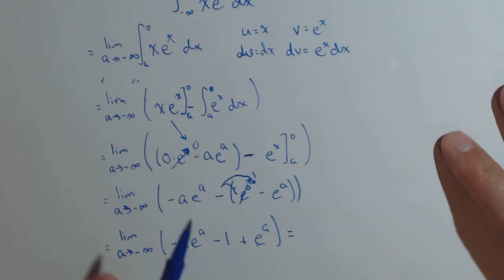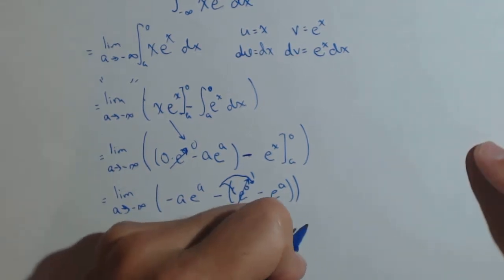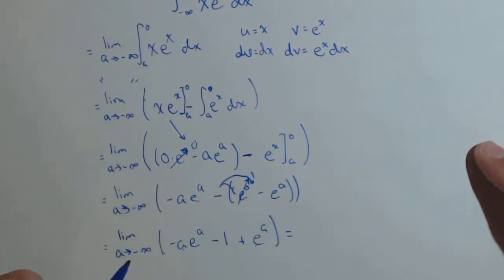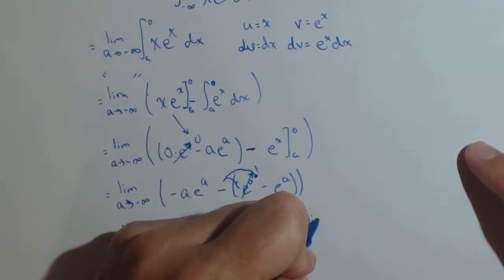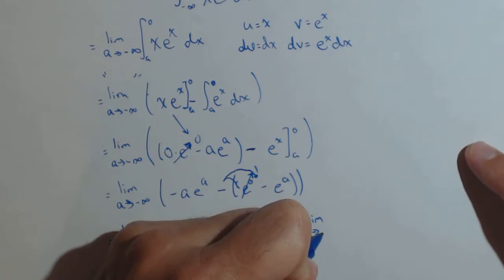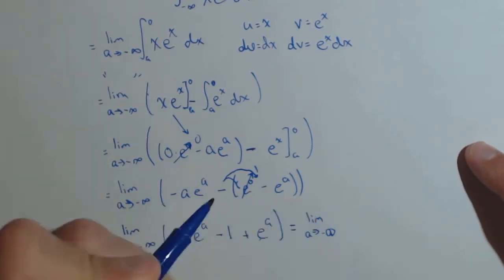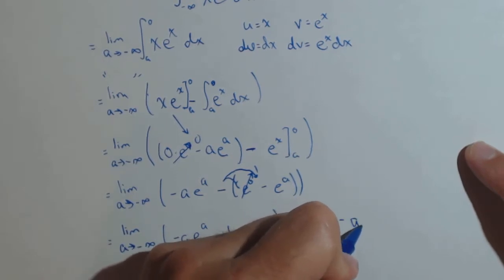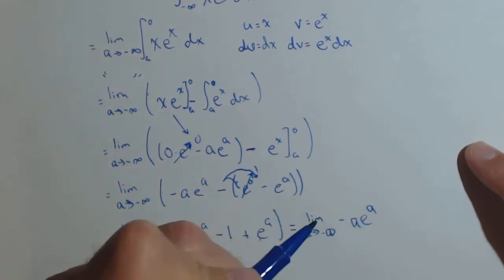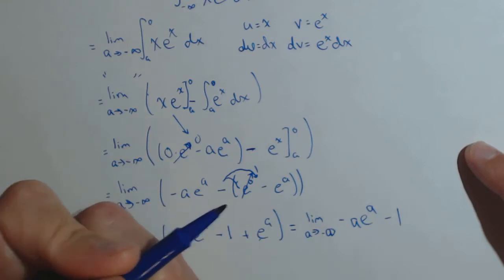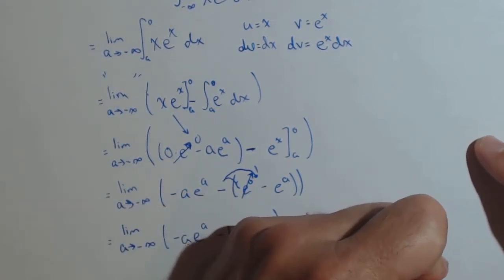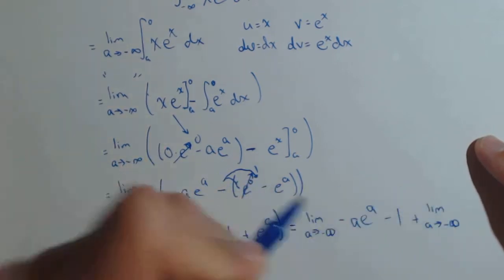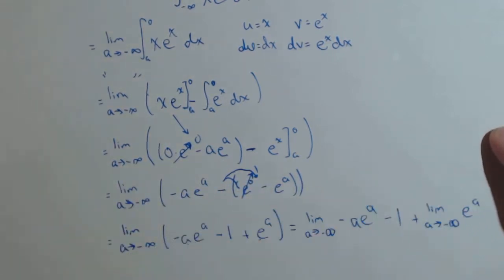So those are going to be limits that we need to look at. So I'm going to write this out separately, and then we'll see how we can calculate each of those. Limit as a goes to negative infinity of negative a e to the a, minus 1, that doesn't depend on a, plus limit as a goes to negative infinity of e to the a.